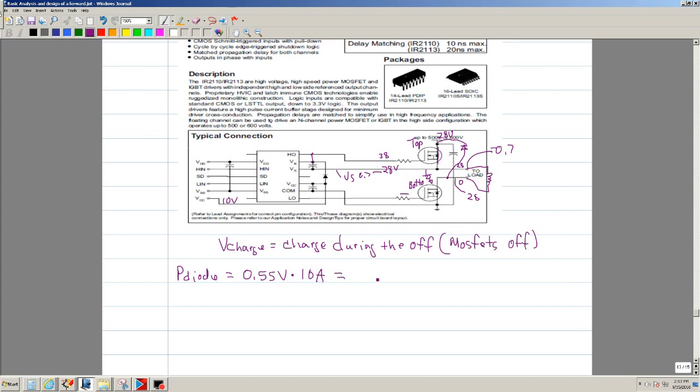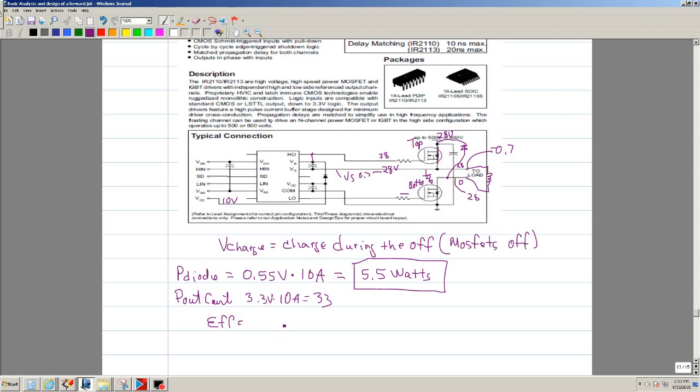A quick calculation is 5.5 watts of power. Now the output power of the converter is 3.3 times 10. That's 33 watts.